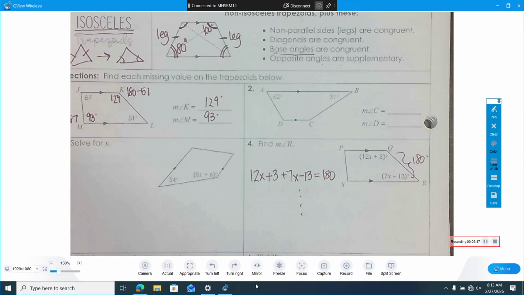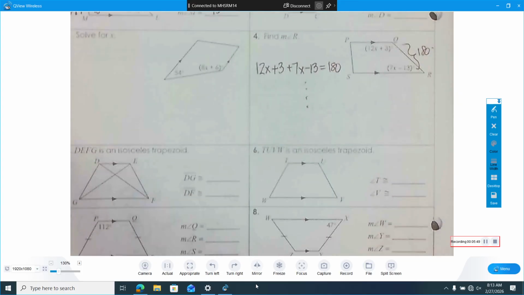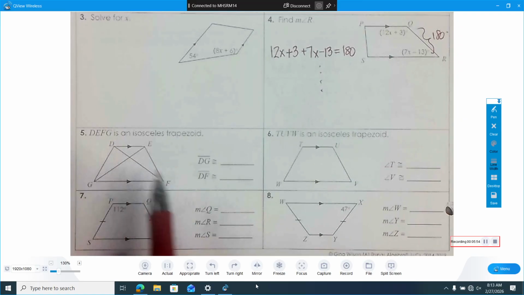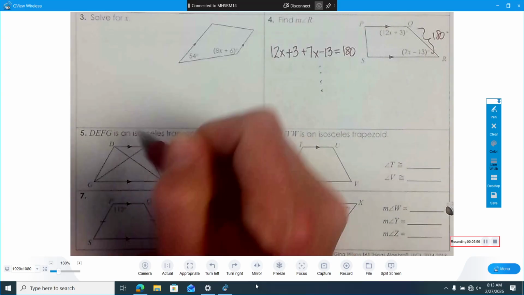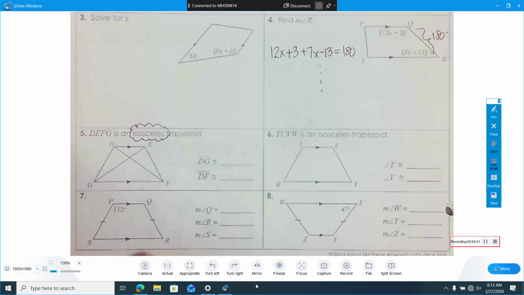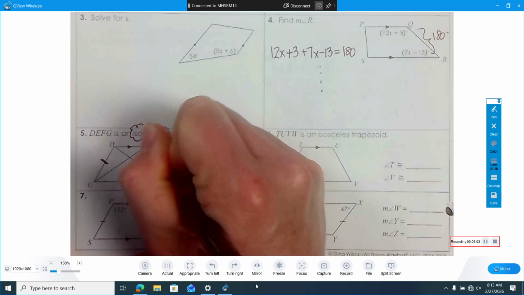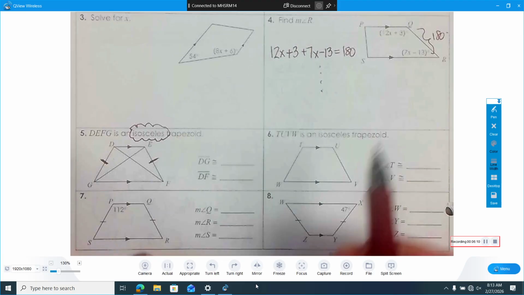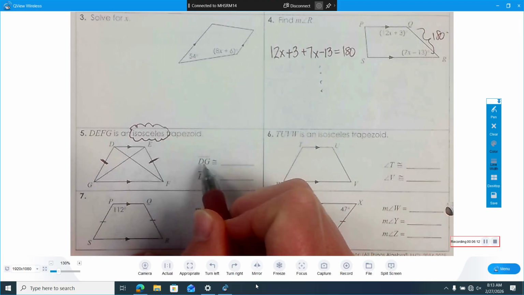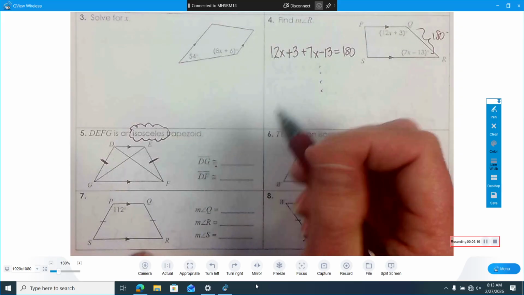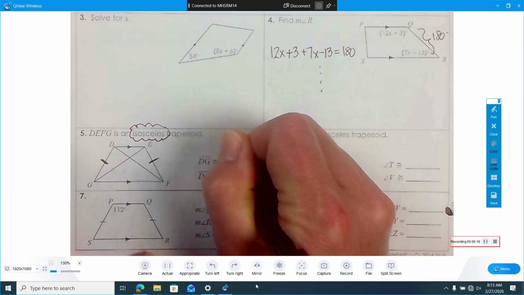All right. Now we're looking at an isosceles trapezoid. Number 5, isosceles trapezoid. Isosceles means the legs are congruent. Please mark your picture. If we know that the legs are congruent, mark your picture because it's isosceles. So segment DG is congruent to segment EF.